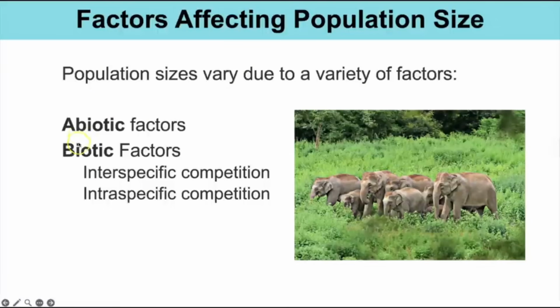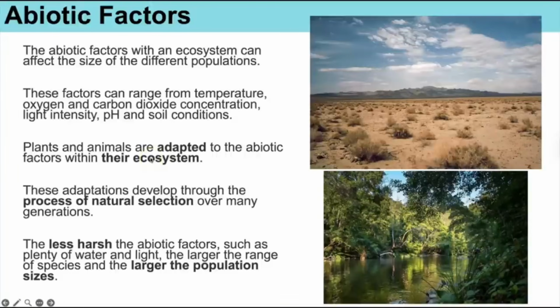So a bit more on these two, abiotic and biotic factors. We said that the population size and the carrying capacity are dependent on abiotic and biotic factors. Abiotic factors are the non-living factors, so that could be things like temperature, oxygen concentration, carbon dioxide concentration, light intensity, pH, soil conditions. The key kinds of questions you get are either linking to something else in the specification to explain why any of those would affect plant survival or animal survival.